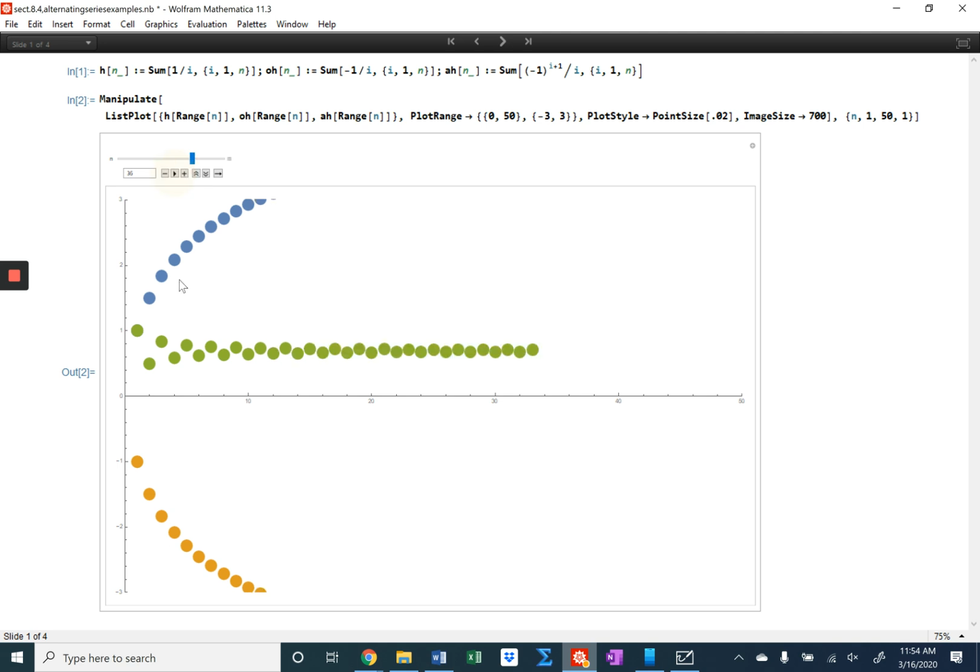I apologize for the technological issue here, but you can see that the harmonic series just keeps growing up, or the opposite of the harmonic series just keeps growing down. But the alternating harmonic series, every other time, because I'm adding or subtracting, I keep zeroing in over here. Well, why is that? I add 1, then I'm going to subtract a half. That half was smaller than the one that I added.